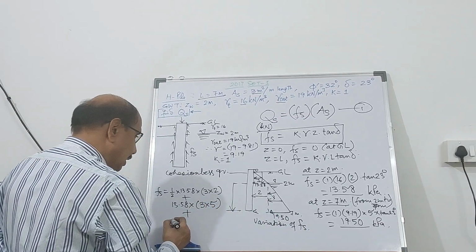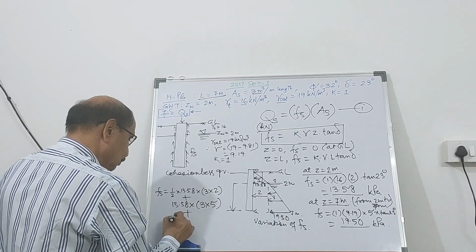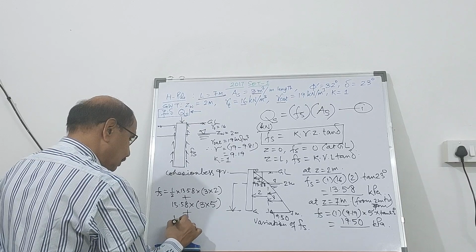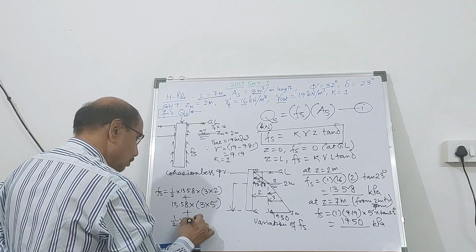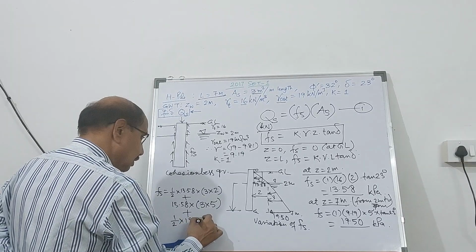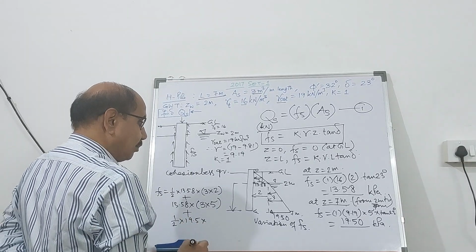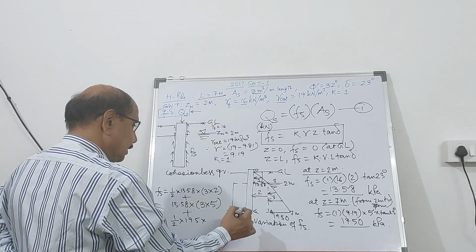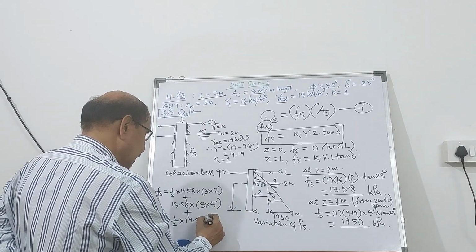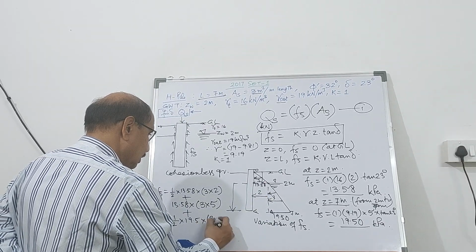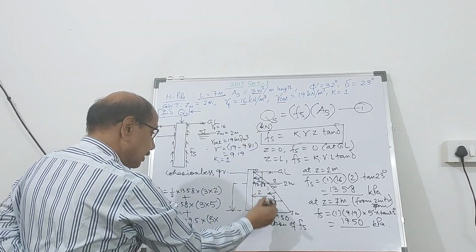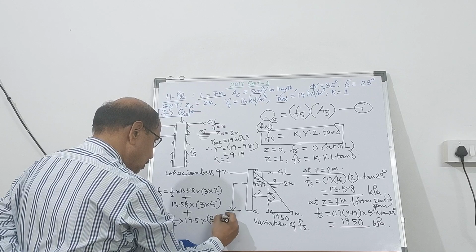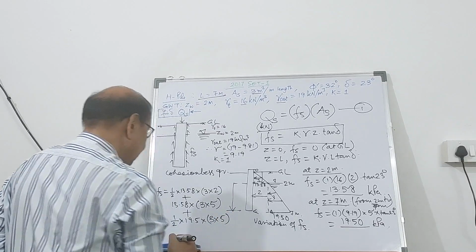Plus the third part is going to be half of 19.5 multiplied by the shaft area, which is 3 square meter per meter length, for 5 meter.